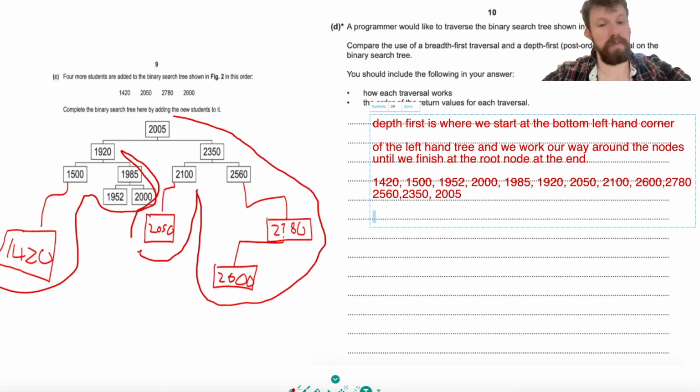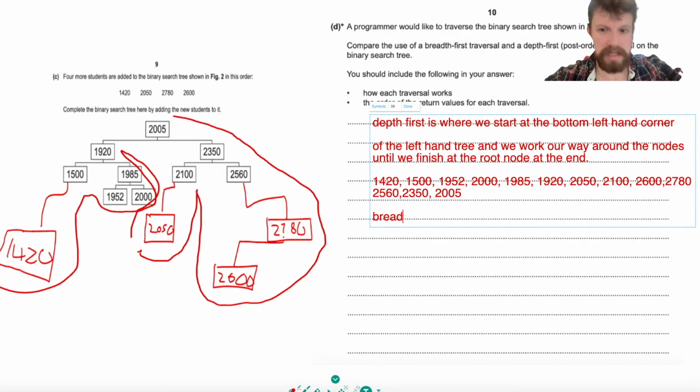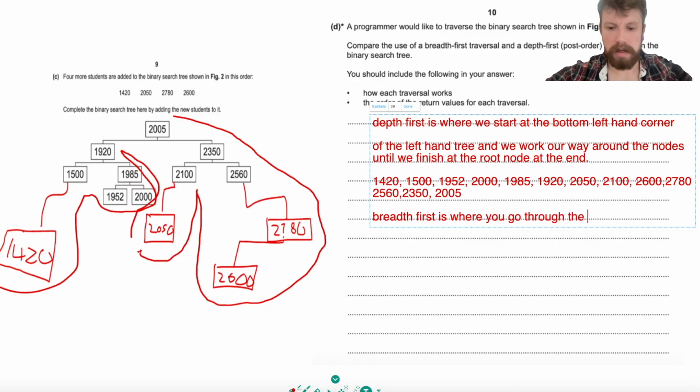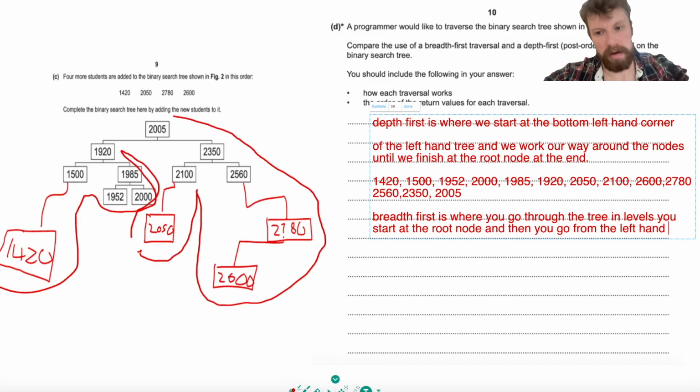Now breadth first I generally think is a bit easier to understand. Breadth first is where you go through the tree in levels. You start at the root node, and then you go from the left hand side of the tree and work your way across.